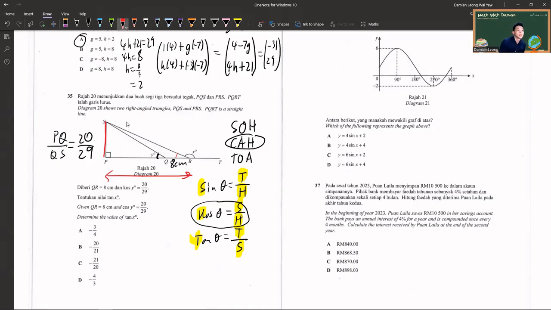So you need to relate. So if cos Y is 20/29, logically lah, this is 20, here 29. Pythagoras theorem, 29 square minus 20 square, root is 21. So if here is 21, here 28. Yeah, here will be 28. Yeah, if it follows this distance.